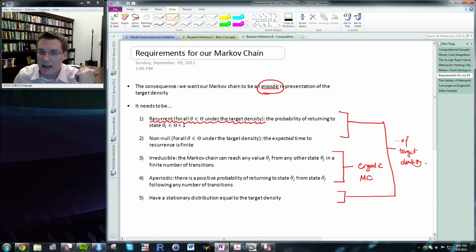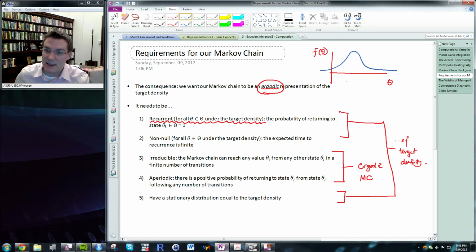If we're trying to study the density of some variable theta, we want to make sure that our algorithm samples theta for all values of theta for which the density is valid. In many cases, that's theta from negative infinity all the way out to positive infinity.